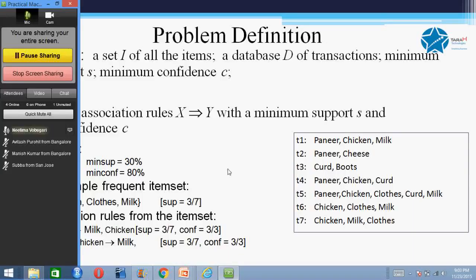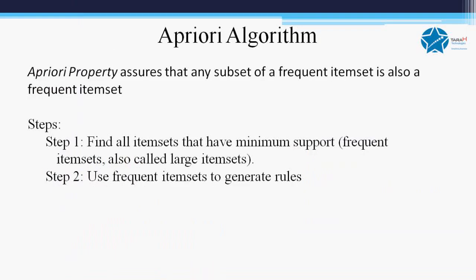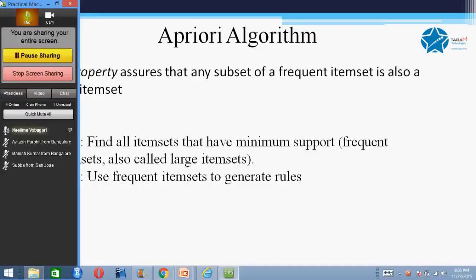This is known as the Apriori algorithm. Apriori is basically a way by which we use a property: every subset of a frequent item set is also a frequent item set, but of lesser value of k. So if you have a 4-item set, the subset of it which has 3 items is also a candidate for the same.